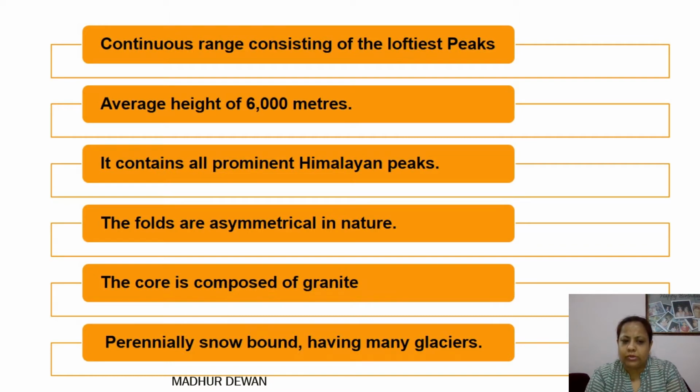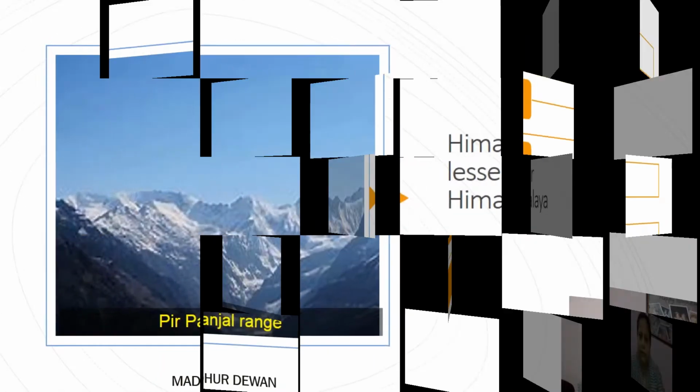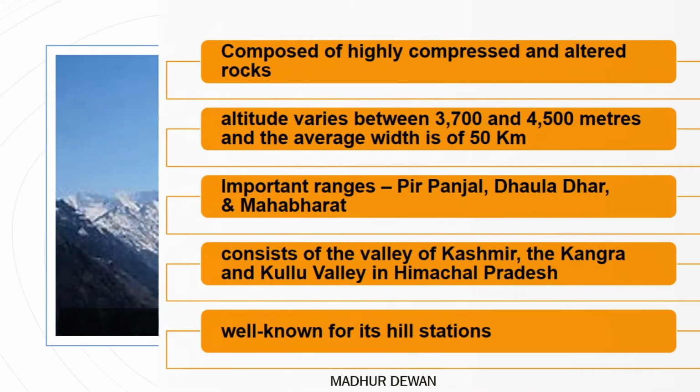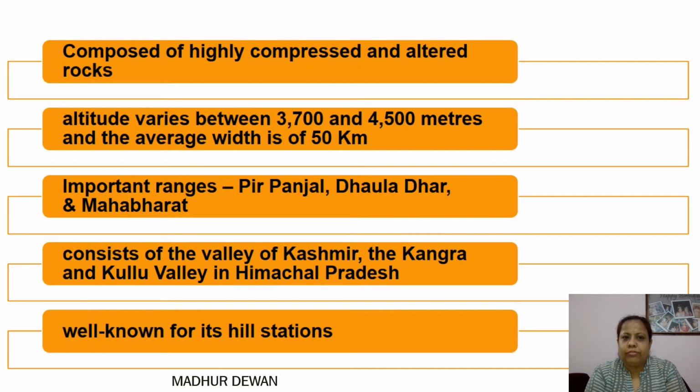The core of the mountains is composed of granite. They are snowbound. They are covered with snow throughout the year and have glaciers. The second range is the Himachal or the Lesser Himalayas. It is composed of highly compressed and altered rocks.